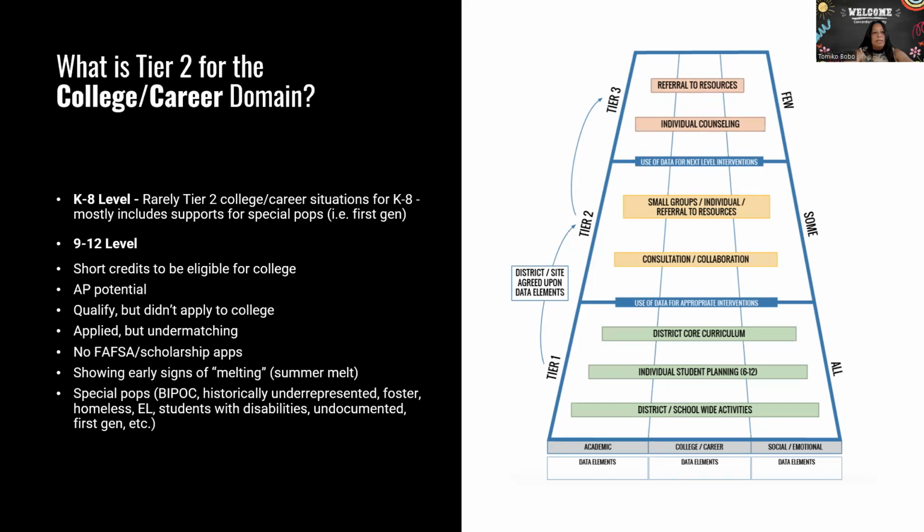So here is a college ready domain for tier 2 in the K-8 area. When I do college and career readiness for my 4th and 5th graders, that is the earliest that I would do it. Now I can see it at the kinder level where you're exposing them to different types of careers.